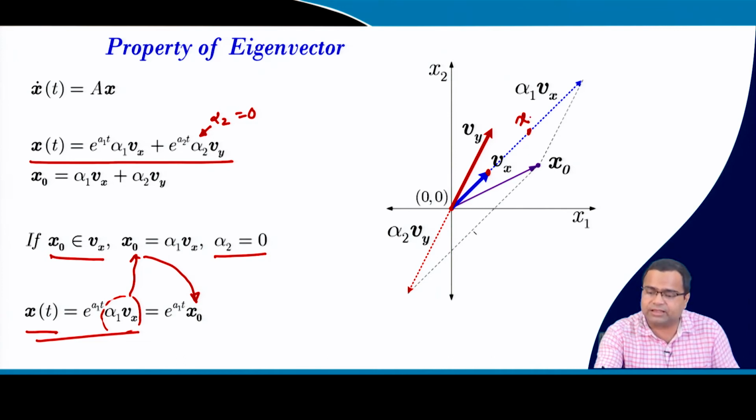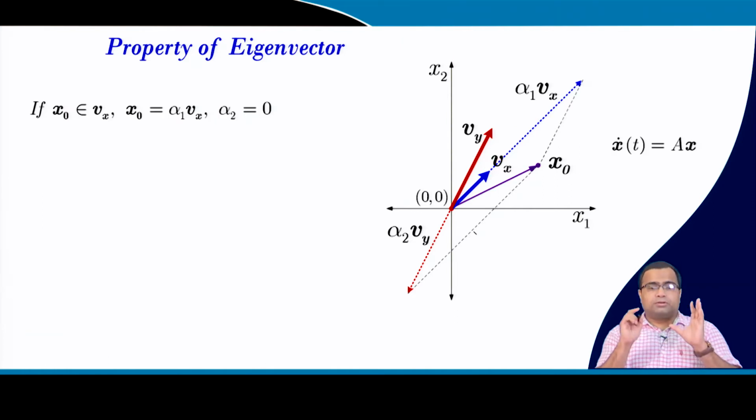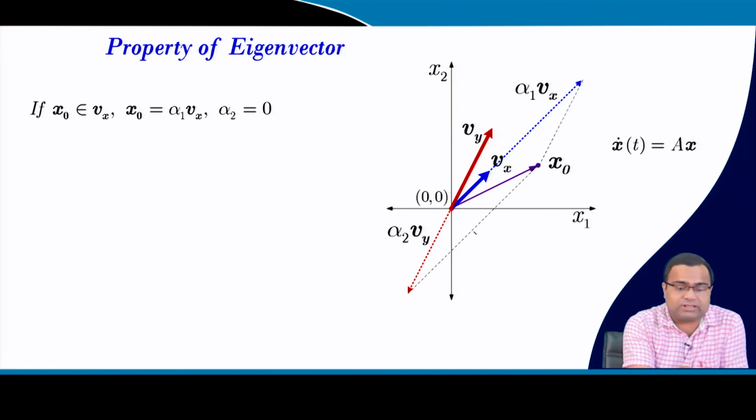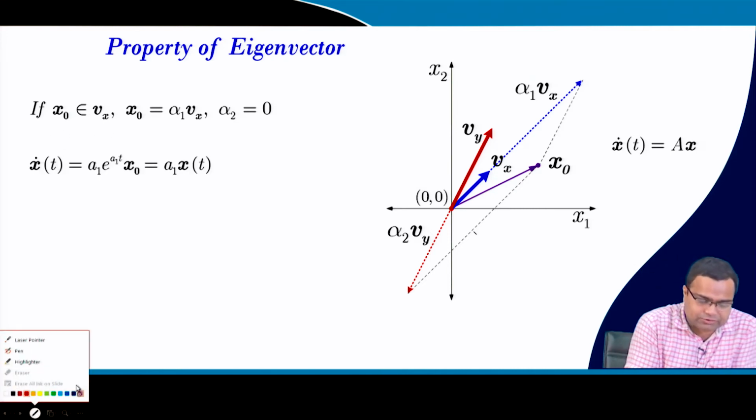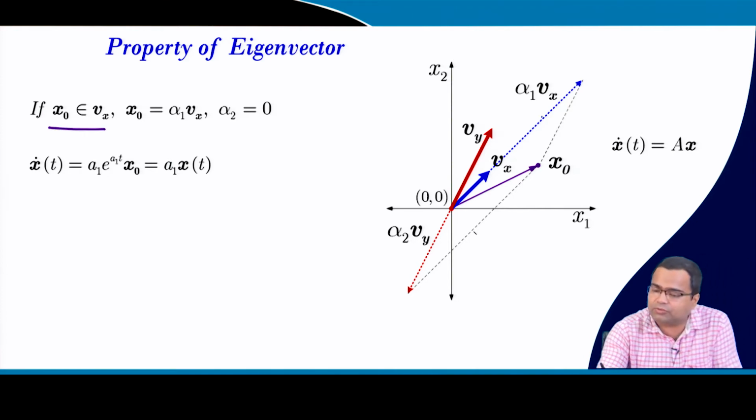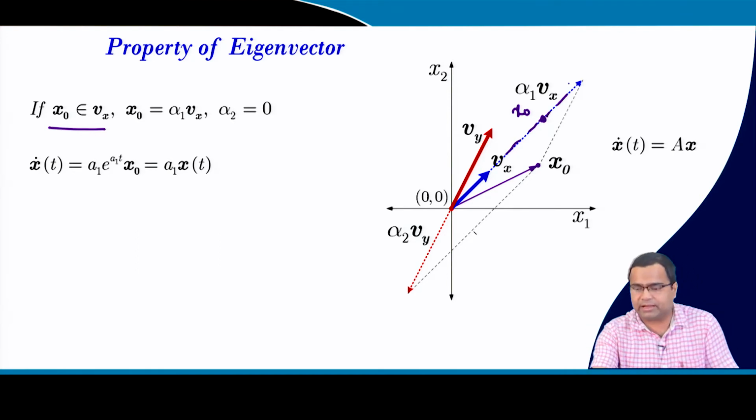Suppose this is my x0 along this axis. We have considered that x0 is along Vx. So, we are taking somewhere here is my x0, it is along this line.